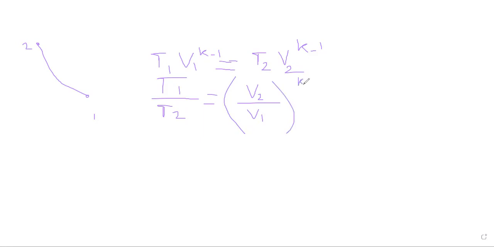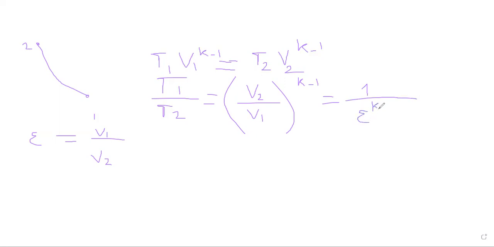And if you remember, we said that an engine is characterized by this ratio epsilon, which represents V1 over V2. So we can replace V2 over V1 by 1 over epsilon. So the ratio of temperature is 1 over epsilon to the power k minus 1.